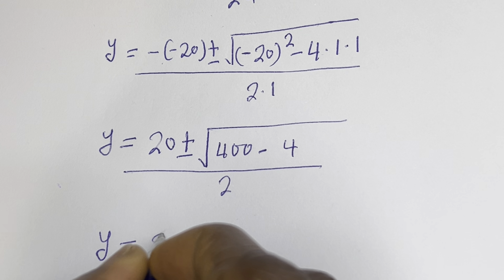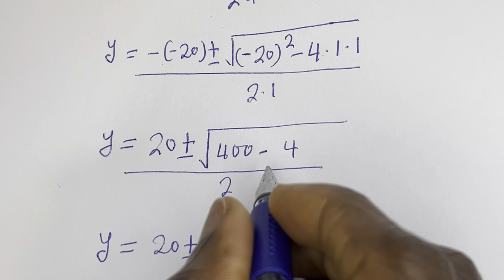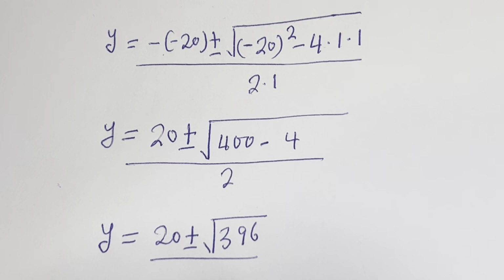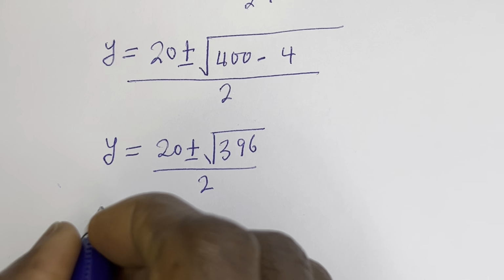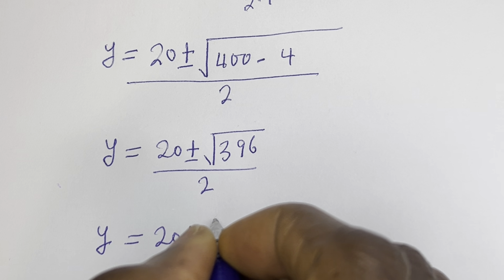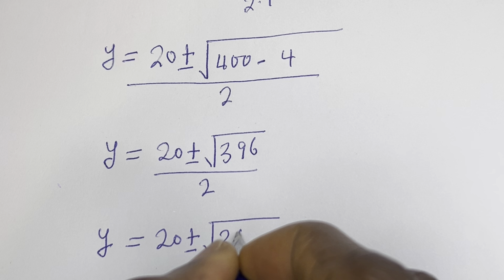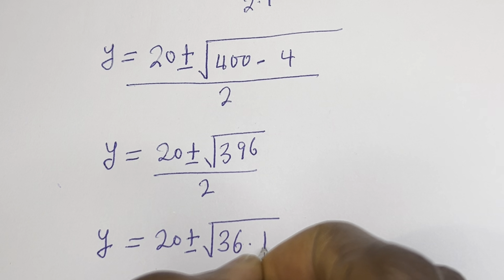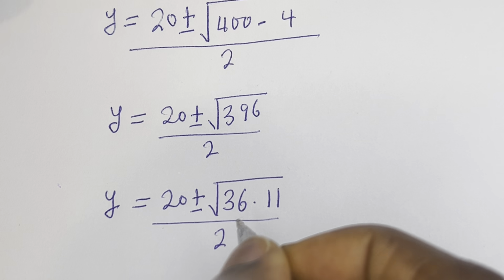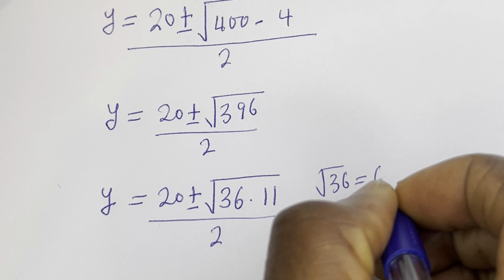y is equal to 20 plus or minus square root of 400 minus 4, that is 396, divided by 2. y is equal to 20 plus or minus square root of 396, which can be written as square root of 36 multiplied by 11, then everything divided by 2. Then we know that square root of 36 is equal to 6.